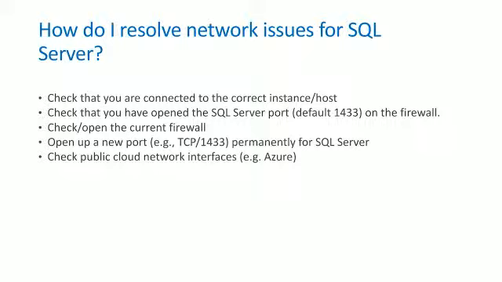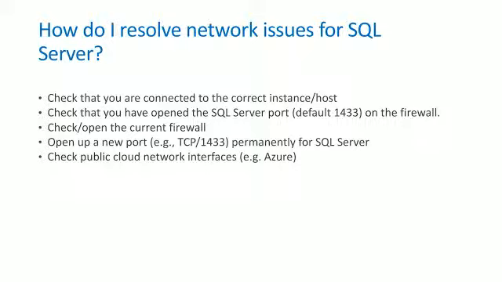The first thing we ask that you check is that you're connected to the correct instance and host. The second is to ensure that you have opened up the SQL Server port, and by default this is 1433, but if you have configured SQL Server to listen to a different port, just remember that you do have to open the firewall on your OS as well.